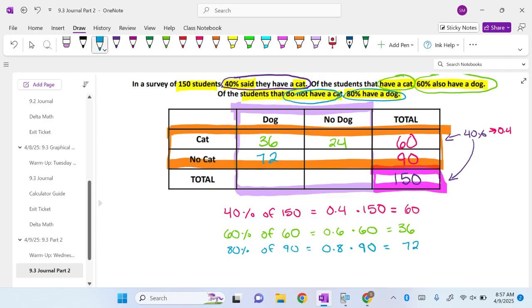Now I have enough information to fill in my last 3 boxes. How many total people had a dog? Total people that just had a dog, not 150. It's 108. You just add up 36 and 72. How many people had no cat or no dog?